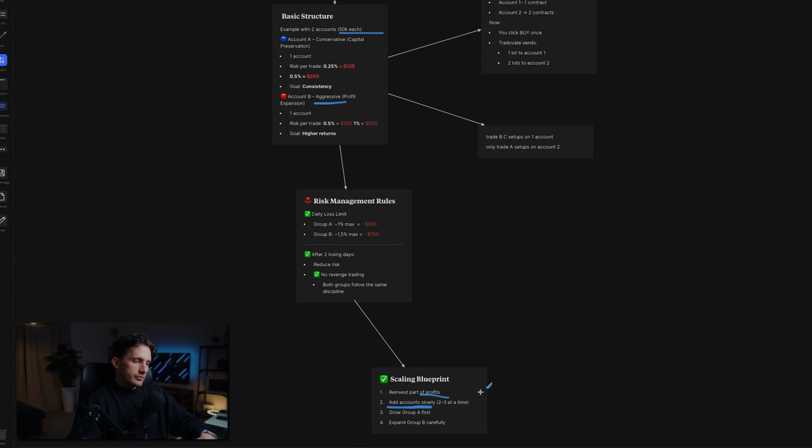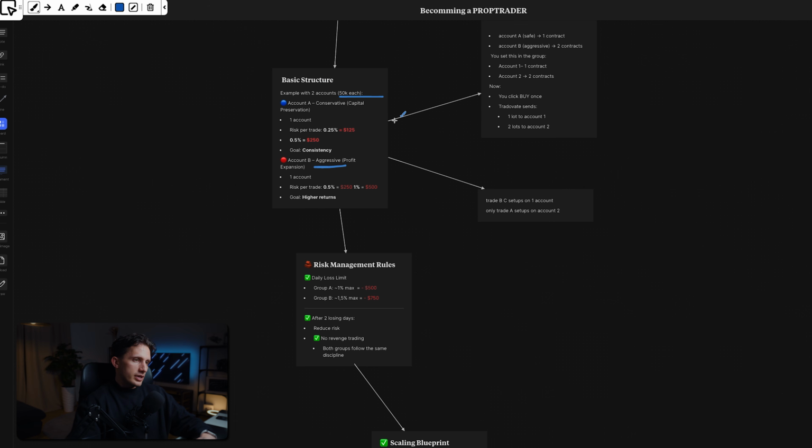Now how you should play this if you get new PA accounts is to grow group A first. What I'm saying is if you're buying, let's say 3 accounts, 2 accounts go to your safe account and 1 account goes to the aggressive one, because the aggressive one with high returns is also high risk, and you want to stay in the game long enough.